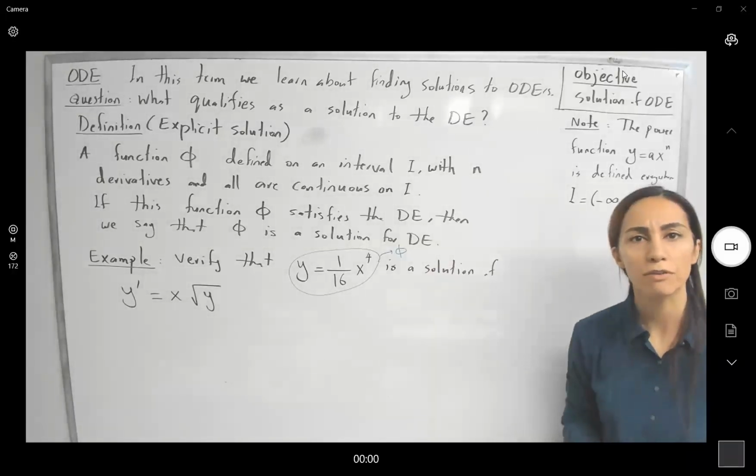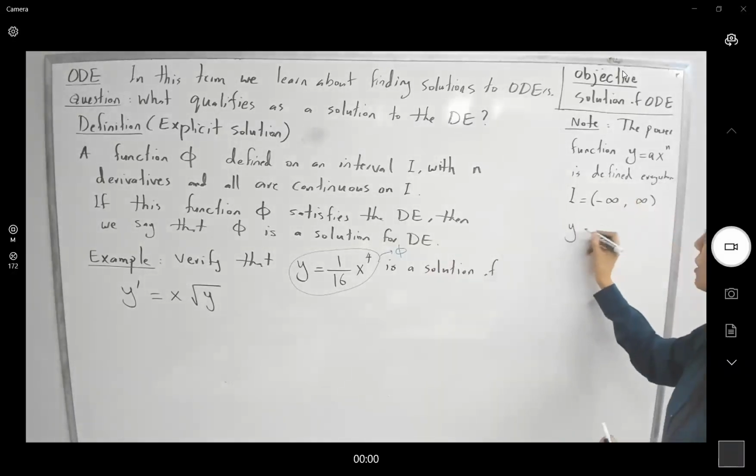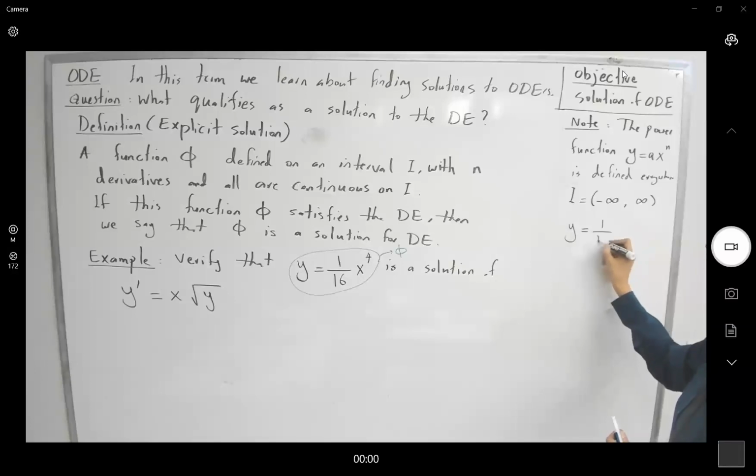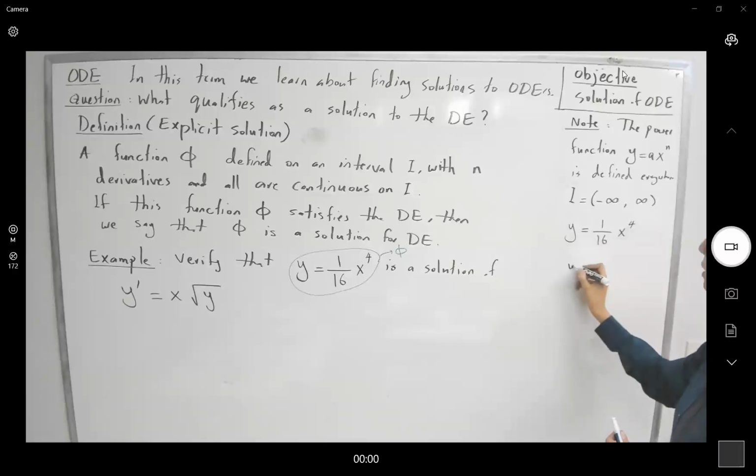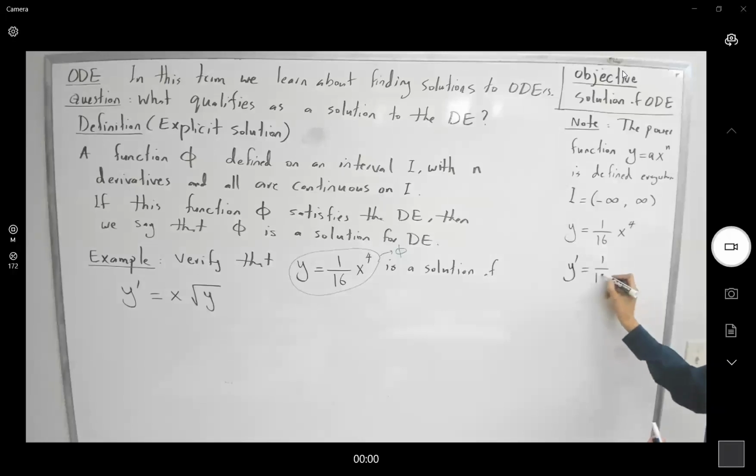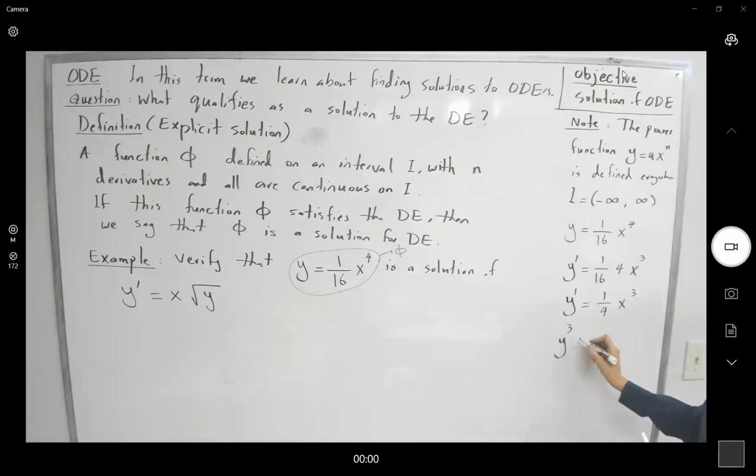You can take the first derivative, there you get 1/16 x to the fourth. The first derivative is 1/16 times 4 x cubed, or the first derivative is 1/4 x cubed. You can take the second derivative. You can take as many derivatives as you want. It's going to be 3/4 x squared. The third derivative is 3/2 x, and you can continue this process.